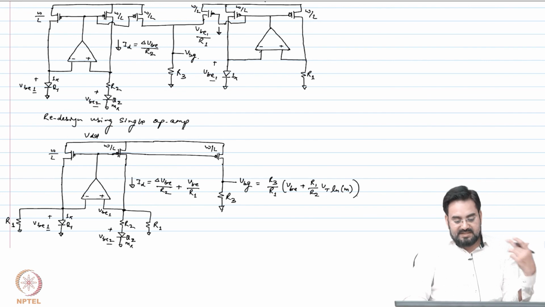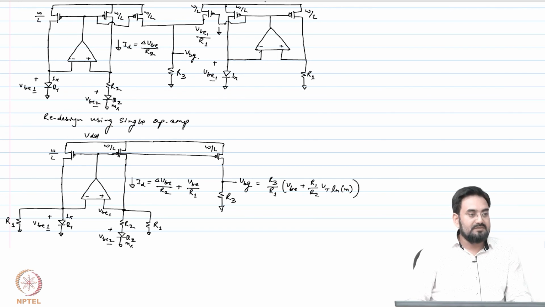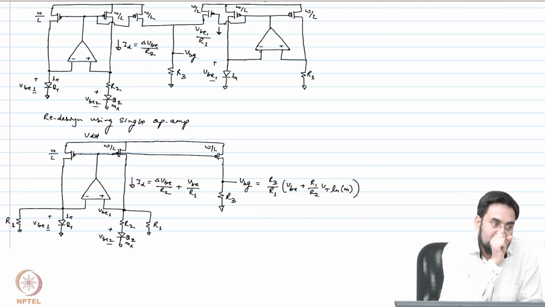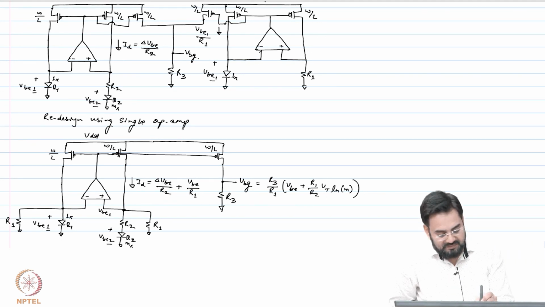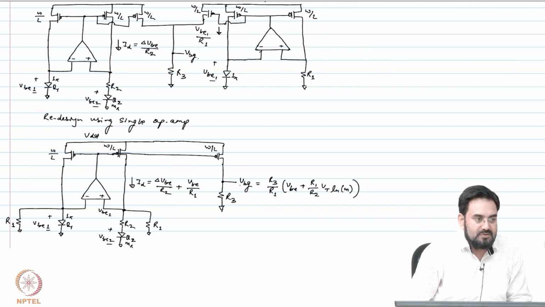So comparing to the standard band gap, do you see any drawback here? Sir, especially we can see the RDS effect, channel length modulation. Mm-hmm. So what will happen due to that? Due to channel length modulation, the current won't be exactly matched. So which means the inaccuracy here might be more than compared to the standard band gap, because VBG depends upon what VBG you choose.